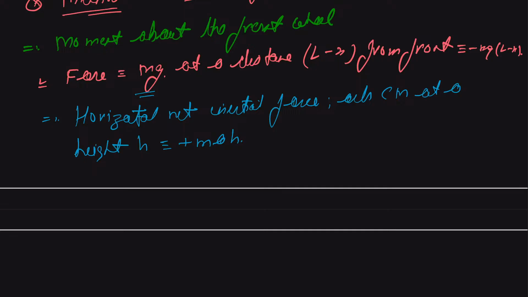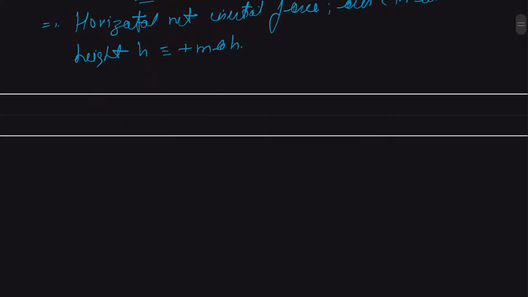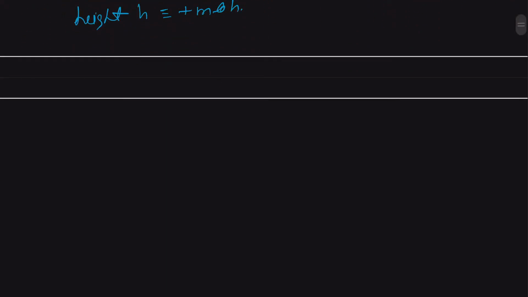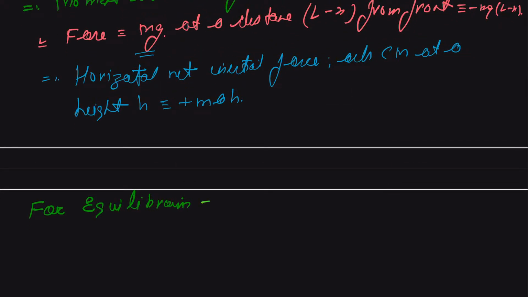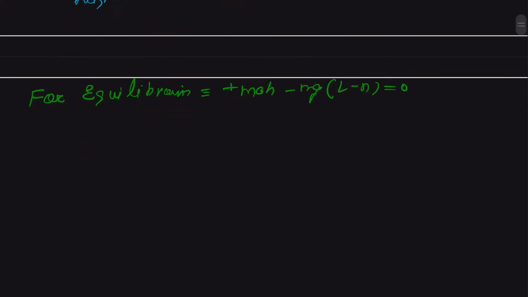And likewise NF should be equal to 0. Therefore, for equilibrium, the summation of the moment should be equal to 0. So we have over here plus mah minus mg L minus x is equal to 0.